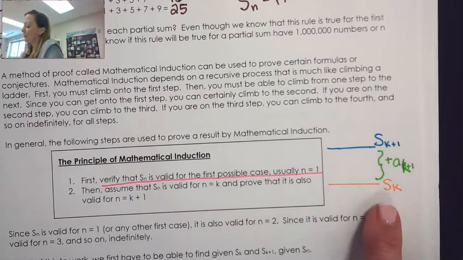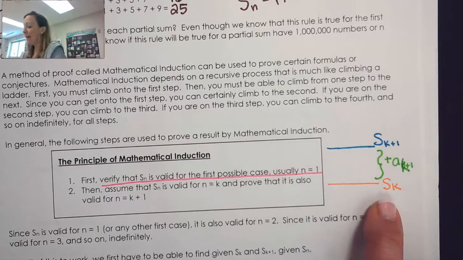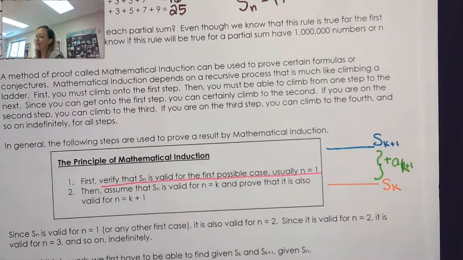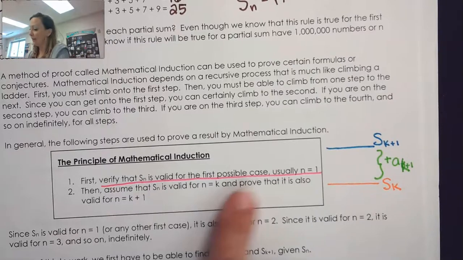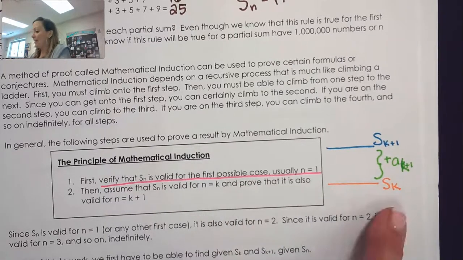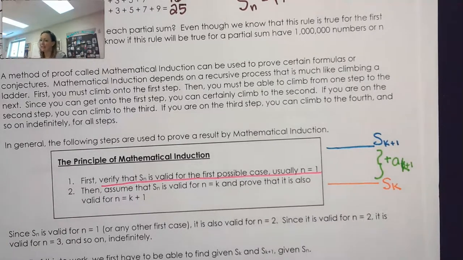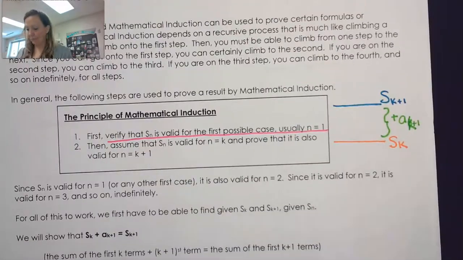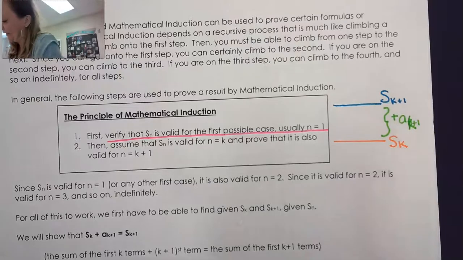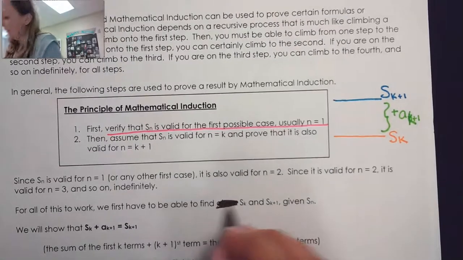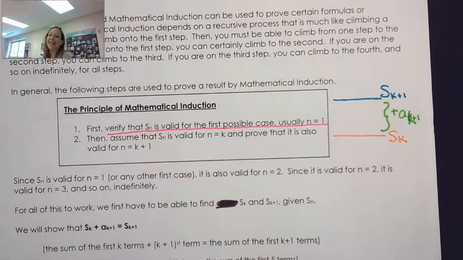Now I know that this is assuming that S sub k is true, but since S sub n is valid for n equals 1, then we've shown that it's now valid for n equals 2, and n equals 3, and n equals 4 because we use this generic S sub k. So for all of this to work, we have to be able to find S sub k and S sub k plus 1 given S sub n.